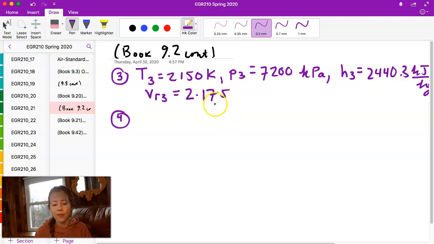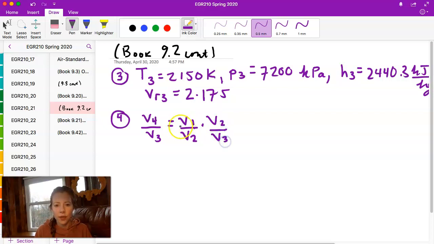So for state 4, we have isentropic expansion. And so with this, we have VR4 over VR3. So this ratio of the volume differences for state 4 over state 3 is going to be the same ratio as if we did V1 over V2 times V2 over V3.